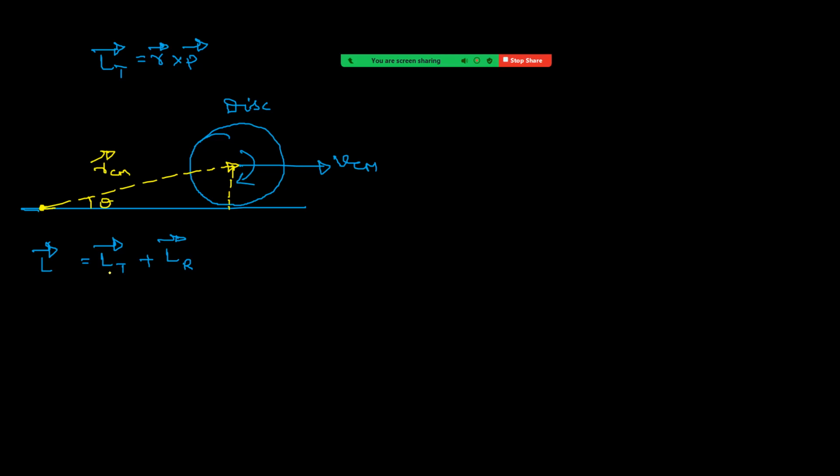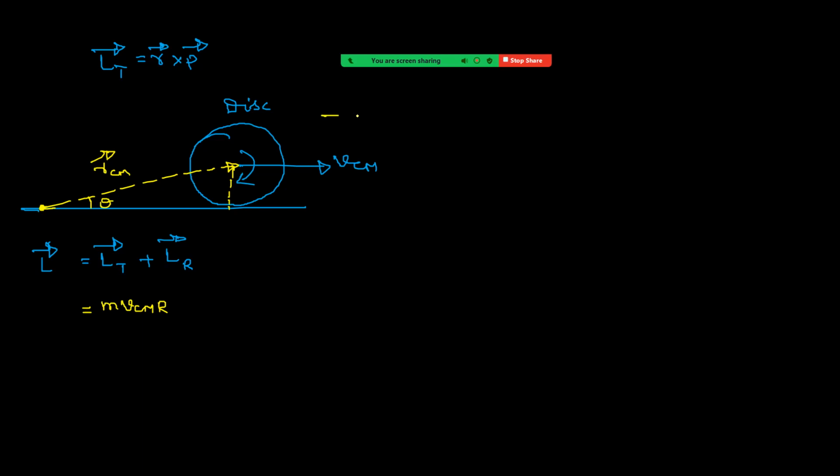It is clockwise. Next, because of rotation also, it is clockwise. So both are in the same direction. So we have to add those two. That means it becomes M VCM into R. This is the magnitude; now the direction part.